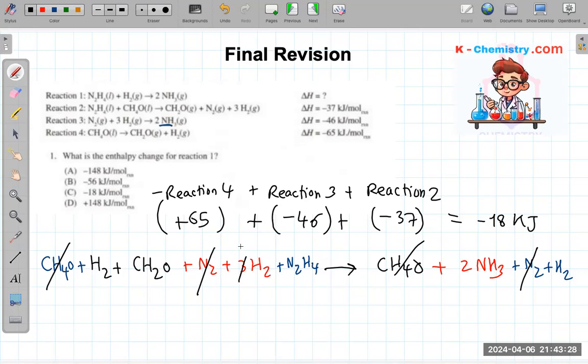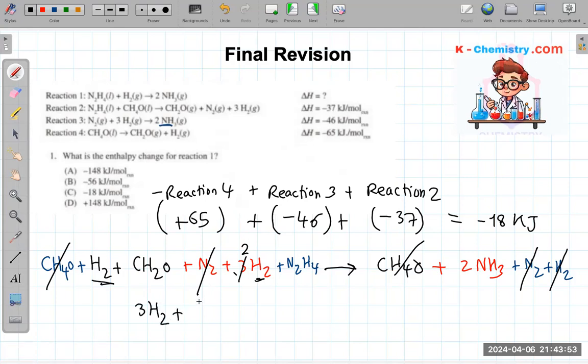So I will cancel to make 2 moles of H2 and 1 mole. And then H2O and H2. So I have 3 moles of H2. What's remaining is this one added to this one, 2 moles and 1 mole is 3H2.